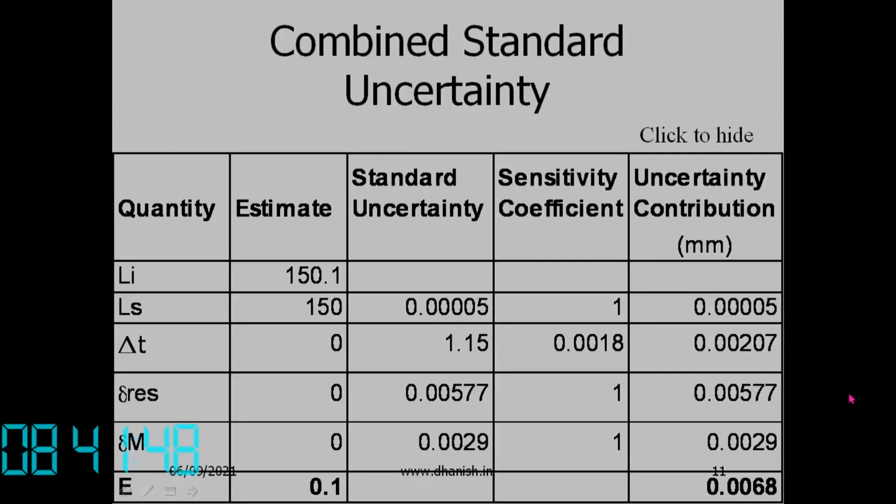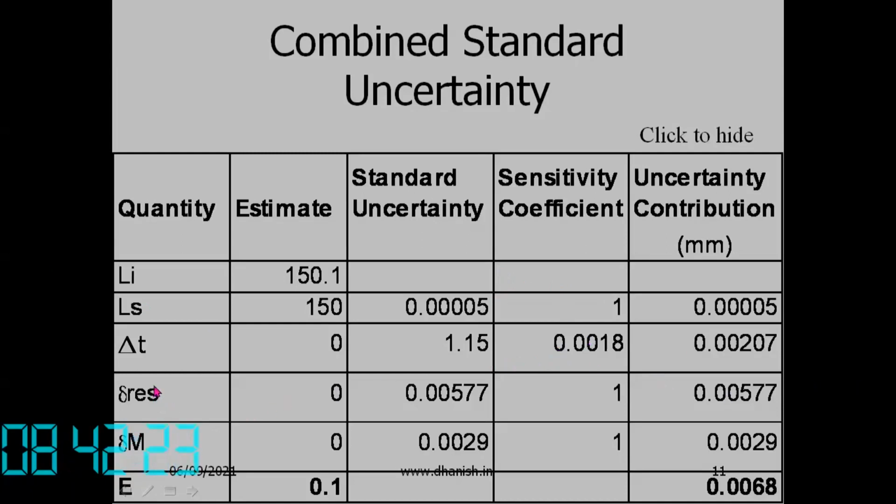So now we prepare the uncertainty budget. So first column is the variable or quantity, then its estimate. So Li is the indicated length, the reading. There is no variation in the repeated reading, so 150.1. The standard length is 150. Delta T is the temperature difference, so standard uncertainty is 1.15. Sensitivity is alpha. Okay, we have already calculated that.